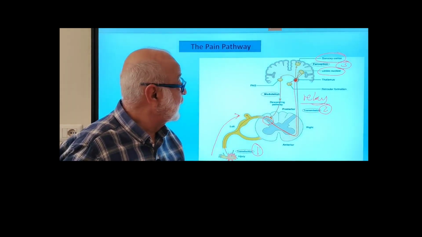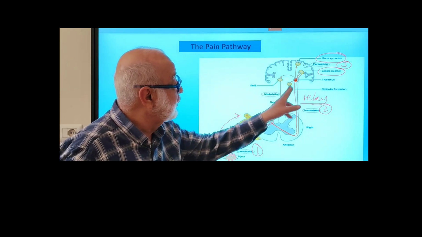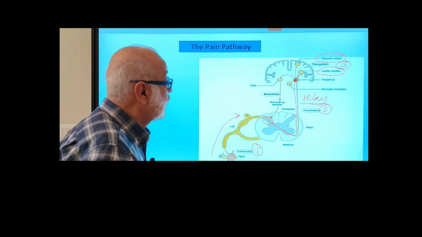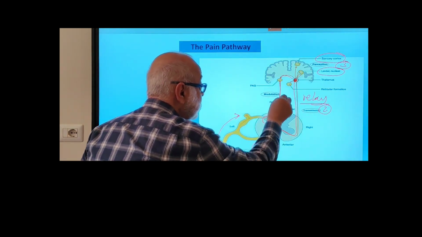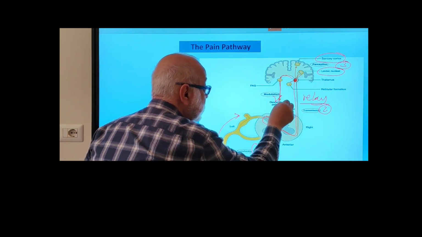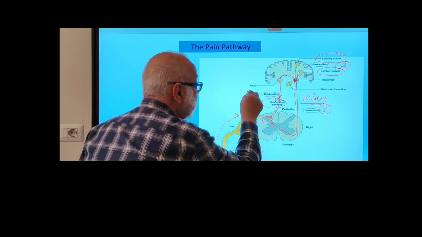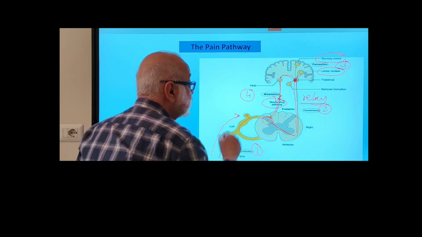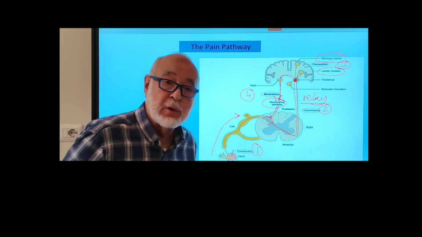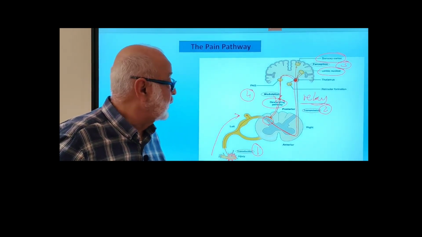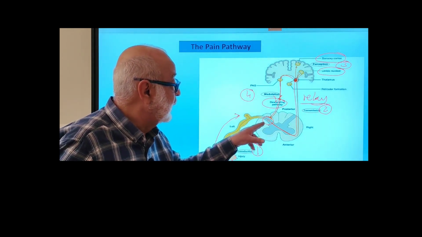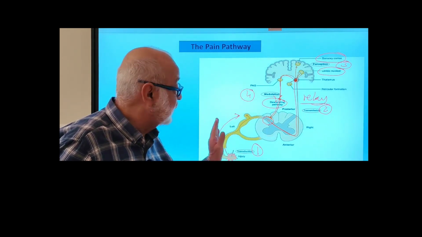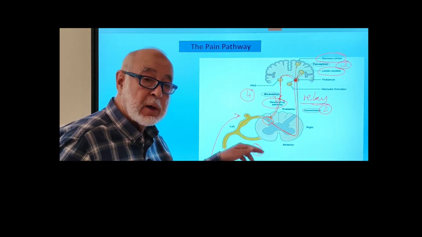Okay? Then part of this pain signal will go down again through the descending inhibitory pathway, in the fourth process, which we call modulation. Within modulation, through the descending pathway, the incoming signal will become weaker. Why?